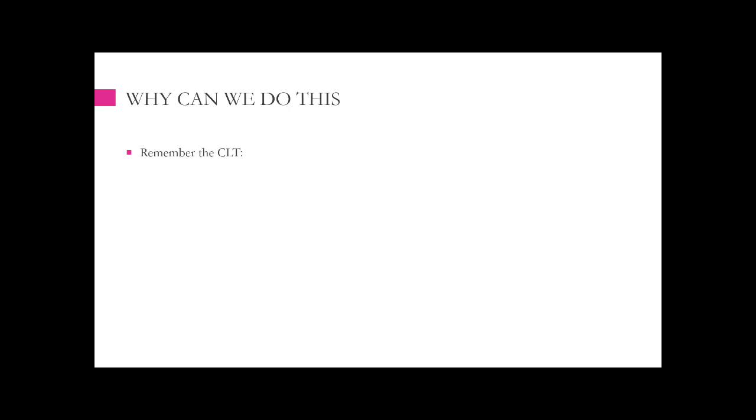Remember, the central limit theorem says, let x1, x2, ..., xn be IID random variables with mean mu and variance sigma squared. So if you have that set up, where you've got n independent and identically distributed random variables, then the central limit theorem will hold.